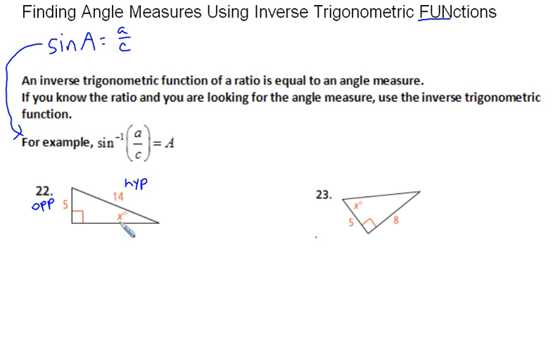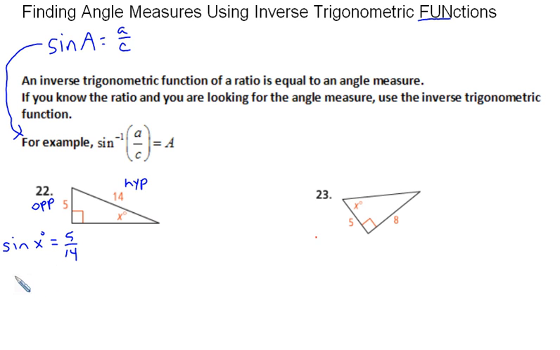So using my trig function that has opposite and hypotenuse in it, that would be sine. Sine of my angle measure x is equal to opposite, which is 5, over hypotenuse 14. So this is just like what we would set up before. The difference is we know both the 5 and the 14, and we're looking for the angle measure. X represents the angle measure that we're looking for.